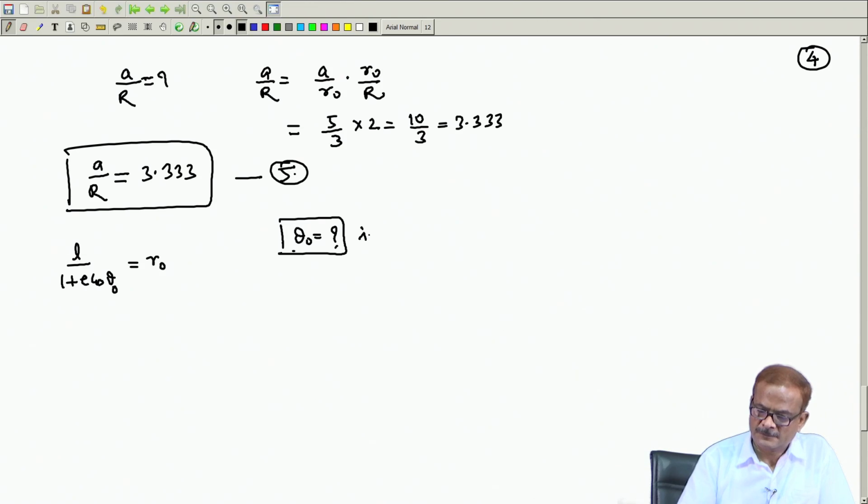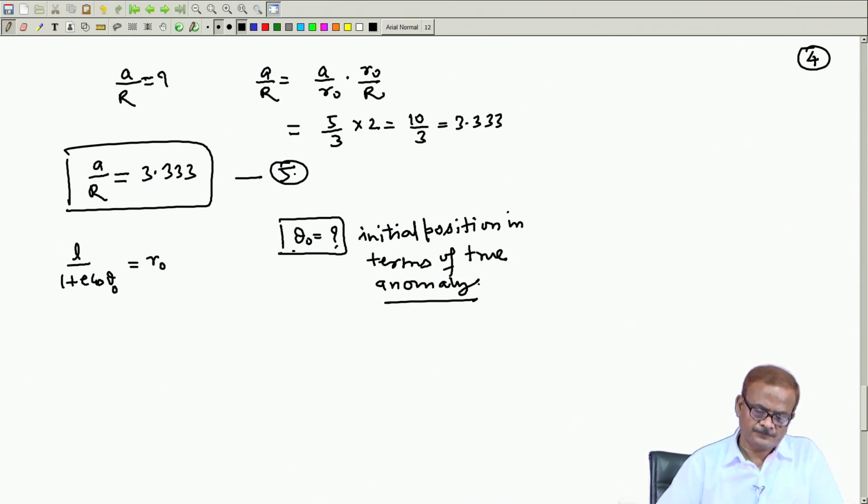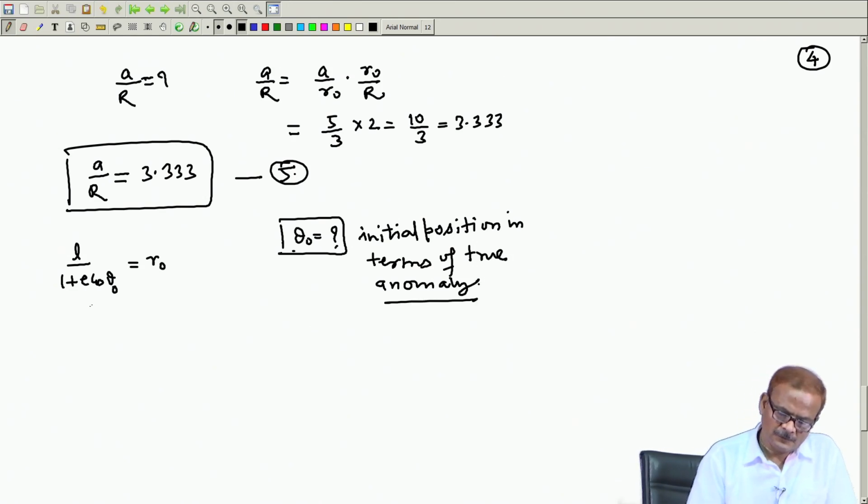This is the initial position in terms of true anomaly. This is required. So, cos theta 0 we have to determine, theta 0 we have to determine.